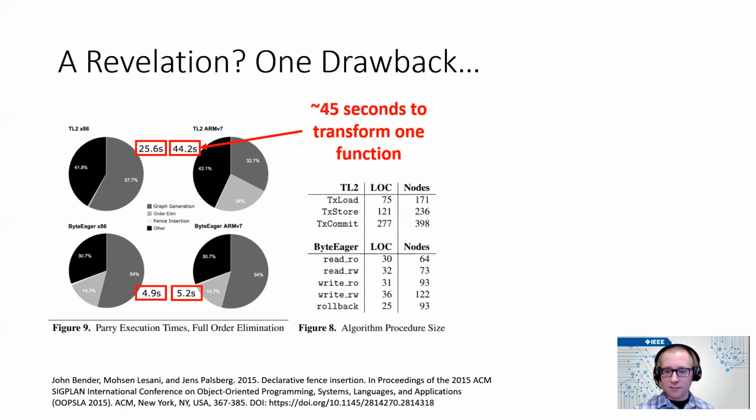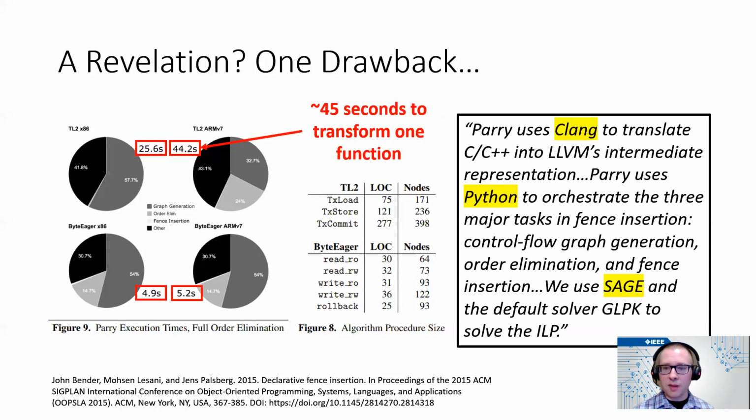However, upon further reading into the paper, they did an implementation of this algorithm called Perry, and it's not totally optimized. So they do the data flow analysis in LLVM, and then they export it into an XML file that is then imported into a Python module.